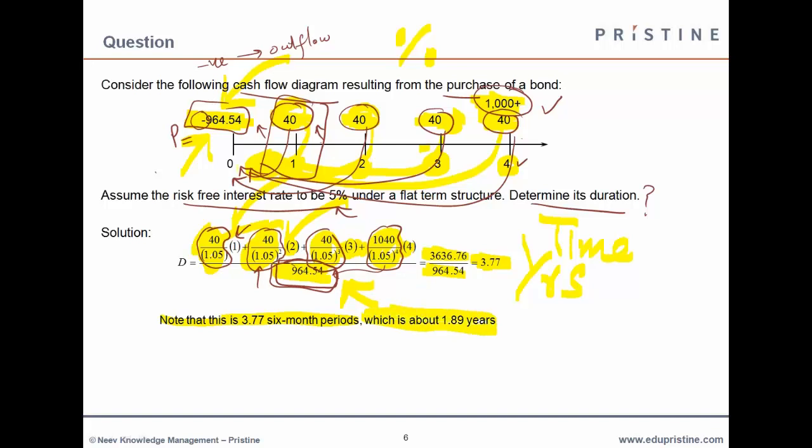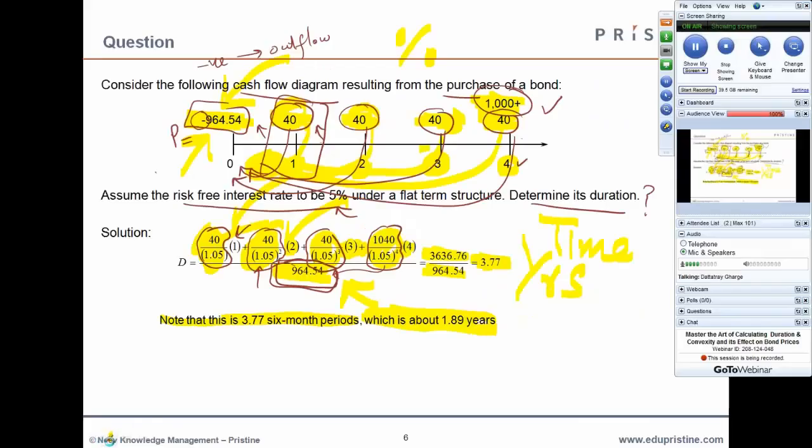Okay, so the units used for 1, 2, 3, and 4 have to be the same for the duration, right? And if you want to convert them into years, you have to divide them by 2. Okay, so that's how you actually compute duration, which is a weighted average of the timeline where the weights are the present value of the cash flow at that time divided by the total price.